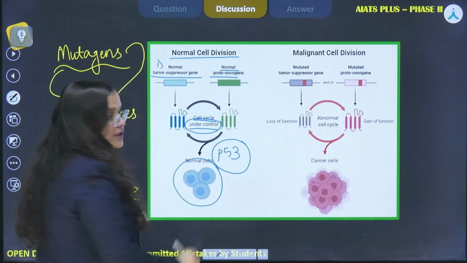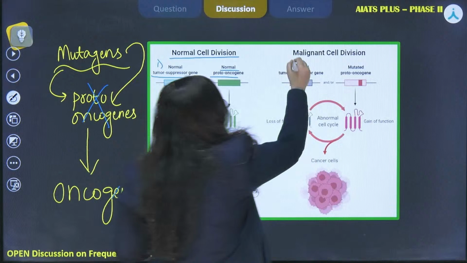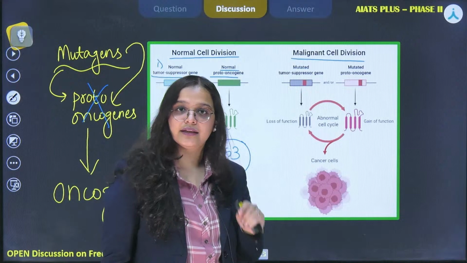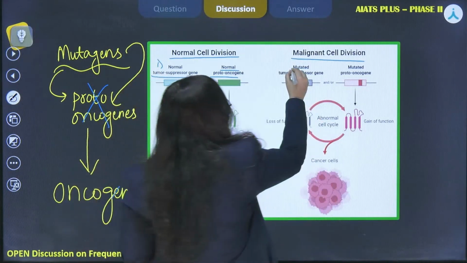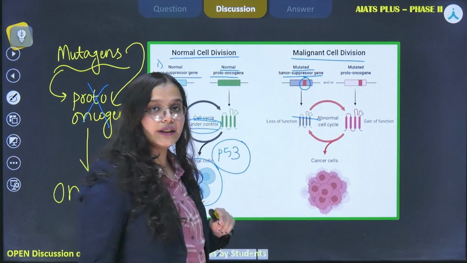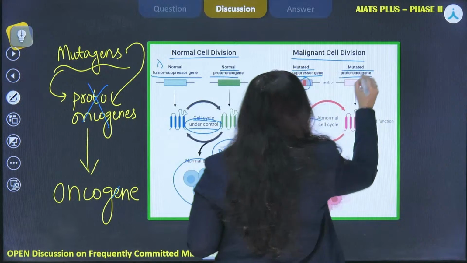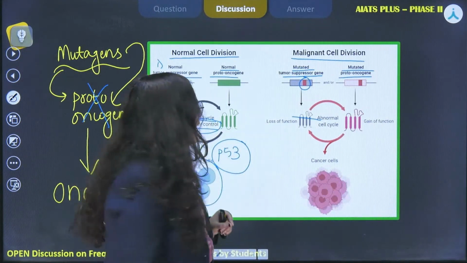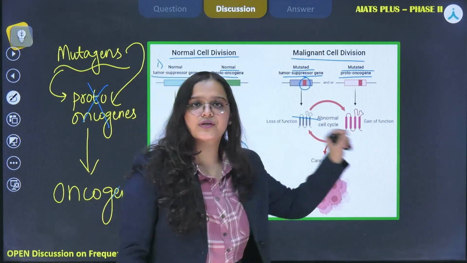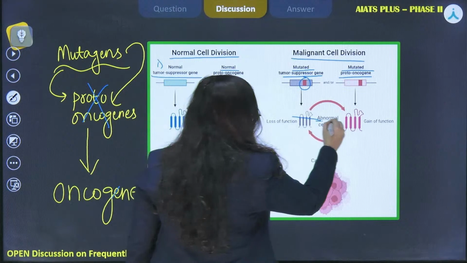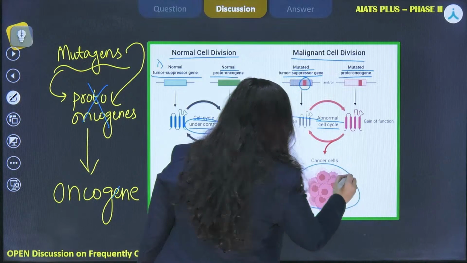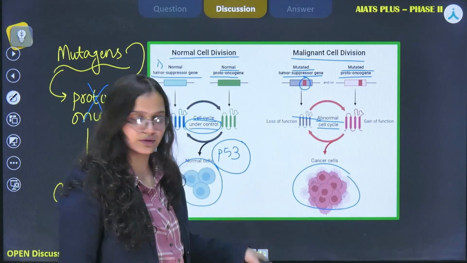So we have our normal cells here, whereas in a malignant cell division or in an uncontrolled cell division which we see in the tumor cells, we can see that we have a mutated tumor suppressor gene or the mutated proto-oncogene, which is also known as the oncogene, and we can see that it has led to various protein formations which are leading to an abnormal cell cycle, and thus we have our cancer cell formation.